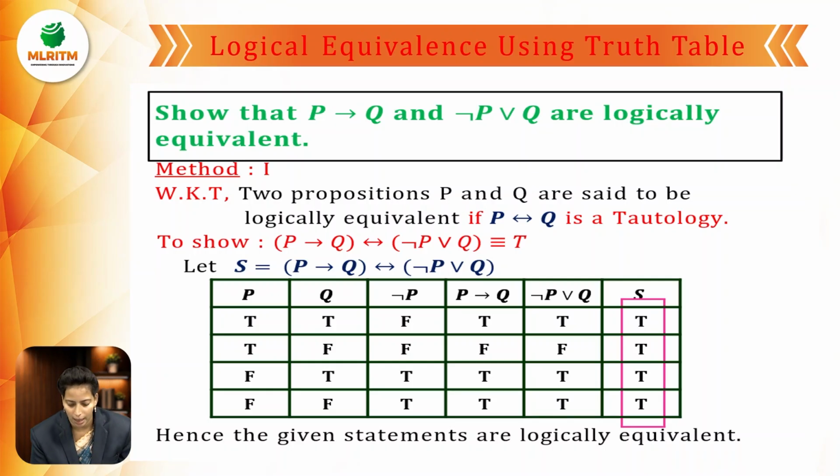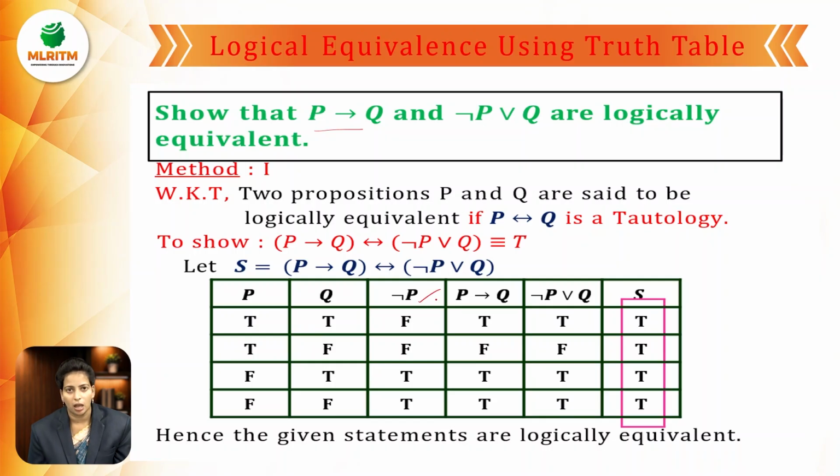Let us consider an example. P implies Q and negation P or Q are logically equivalent. First method: if both are equal, prove it is a tautology. So we take P implies Q, double implies, negation P or Q. Here we have only two variables, so we get four possibilities.